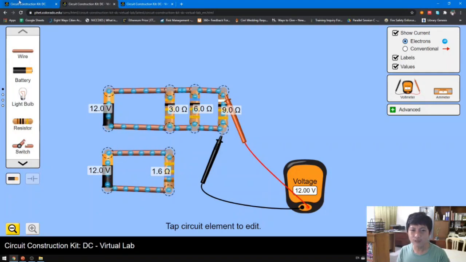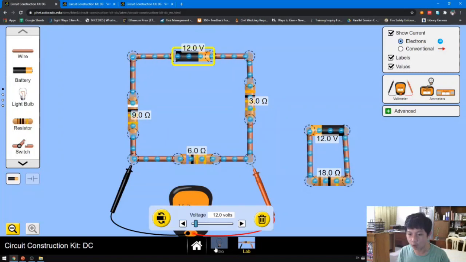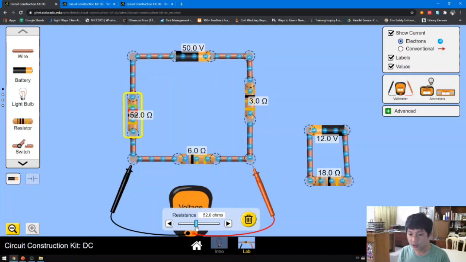Actually, you only have to look at how the electrons flow. We don't really see it here because this is practically small. So we increase the voltage here. Okay, we make it 50 volts and then make this 5 ohms.